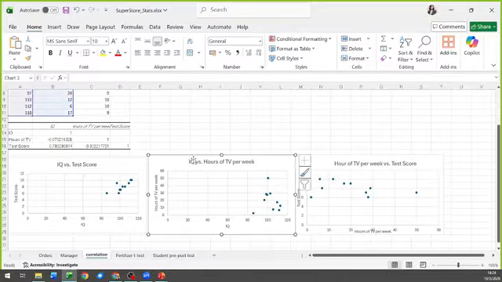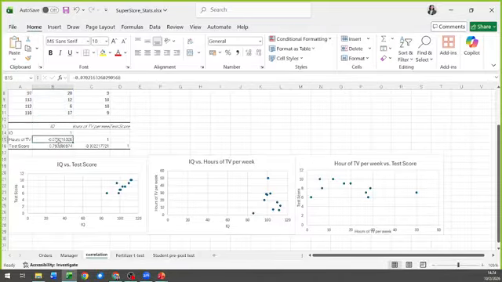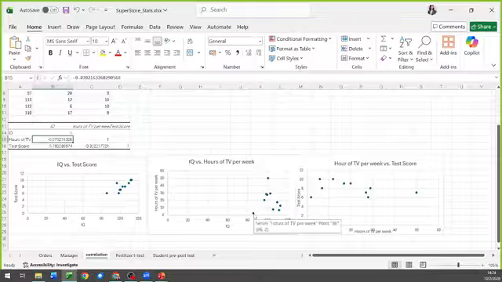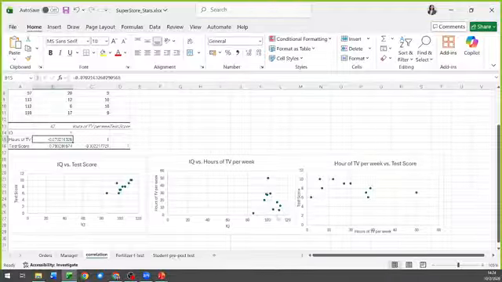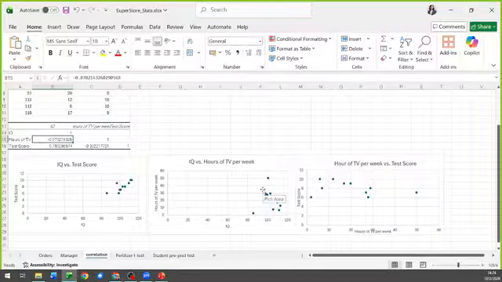This IQ and hours of TV per week is negative, but almost 0. Why? Actually, there are outliers here too. This point and this point look like outliers to me. It's actually like this, which means high IQ usually watch fewer hours of TV, and low IQ actually watch more.